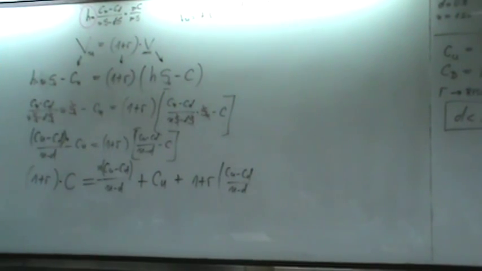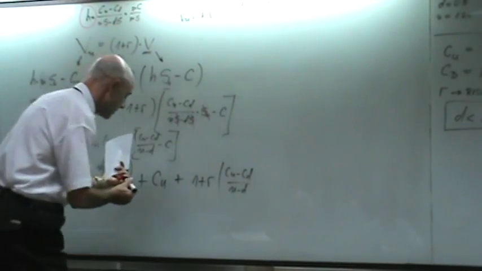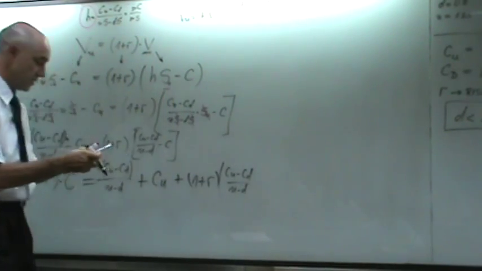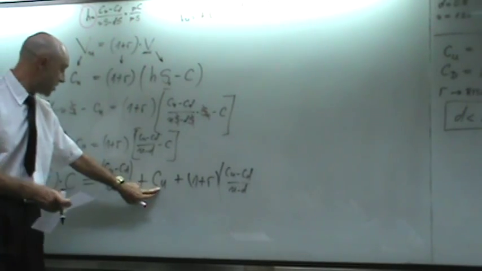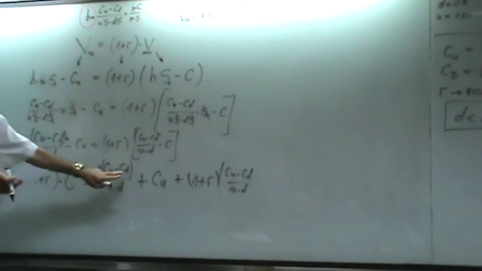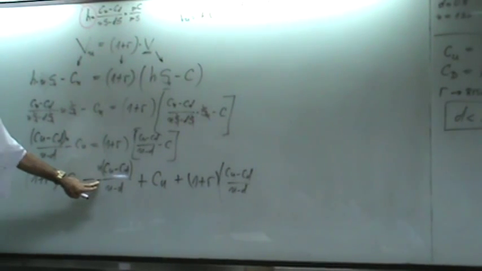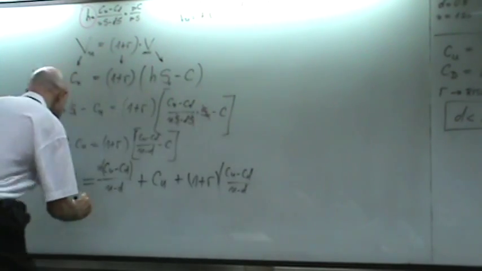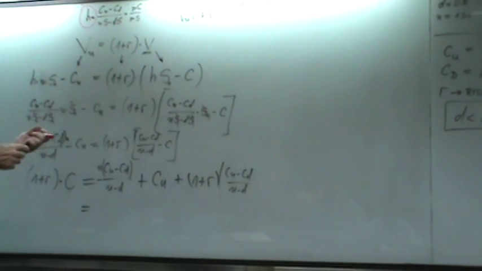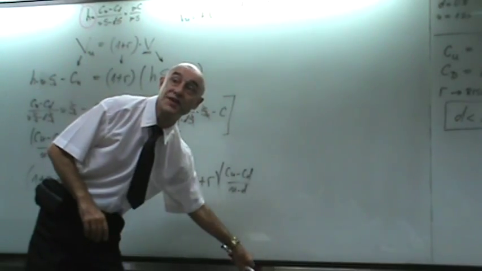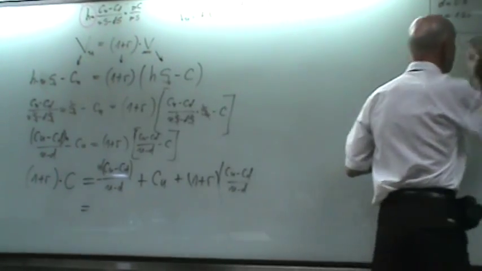Okay, so CU minus CD, U minus D, 1 plus r. Okay, here plus CU, and this is CU minus CD, U minus D times U, and this is a minus sign. Okay, and now we continue. Maybe I should just go over there on this side to continue. It's got a few more steps, 2 or 3 steps to get finished.